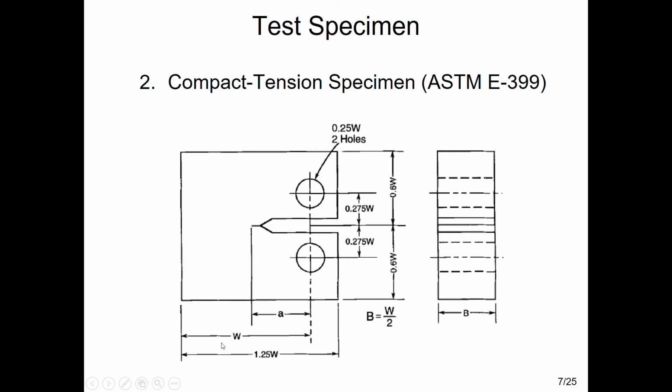If I say W is several centimeters, then every other thing like the hole and the width, all of them depend on W, so we must follow the standard. Otherwise, the specimen is not valid.